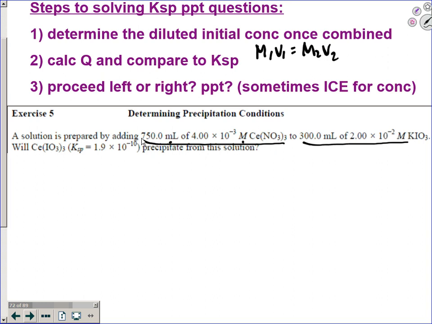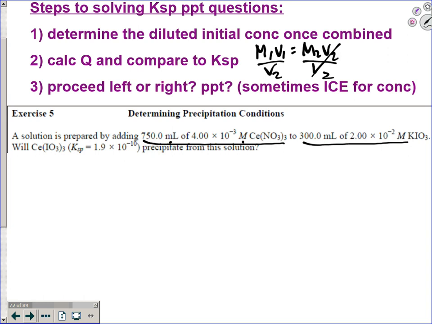Moles or millimoles, right? It doesn't matter as long as we're dividing by the appropriate second volume. So I can do milliliters times molarity, and I can get millimoles. And then I'll divide by V2, which is not going to be this second solution. It's going to be the total, right? 750 plus 300. And that's going to be my new concentration.